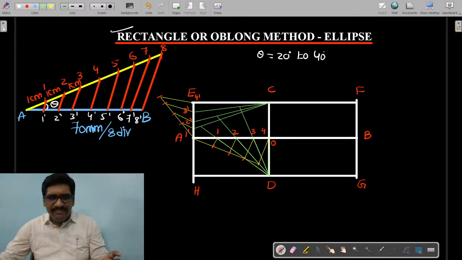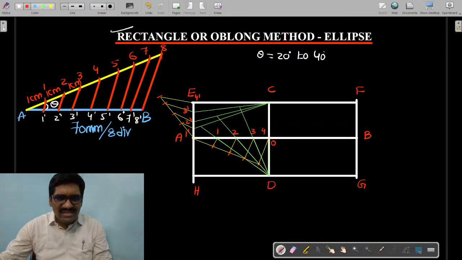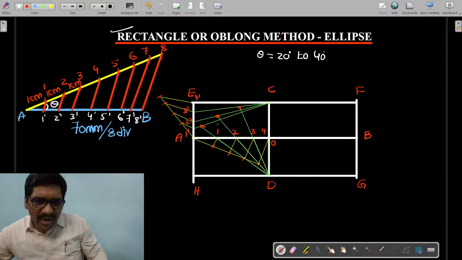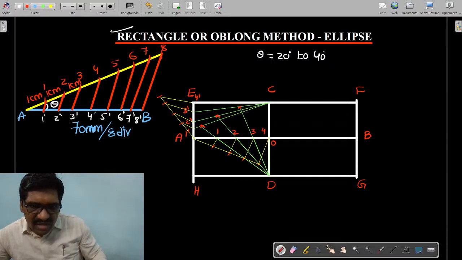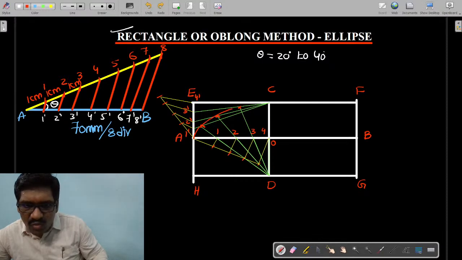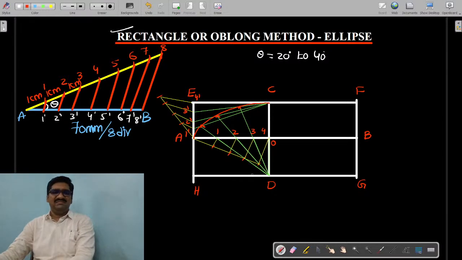Now you can see some intersection points here, that is point P1, point P2, and point P3. If you join these 3 points, starting from point A to P1, P2, P3, you get 1/4 part of the ellipse.